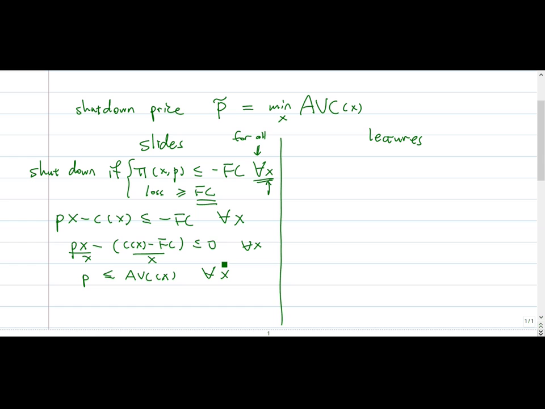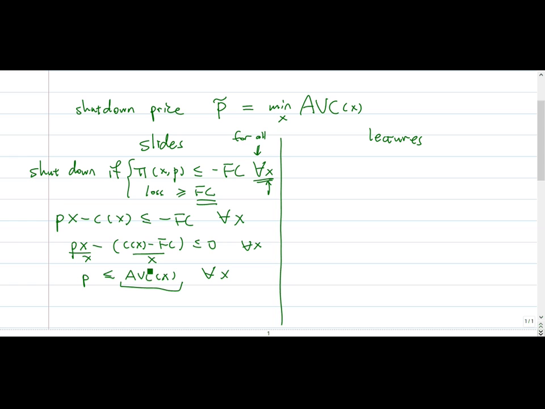At this step, you need to think a bit. If P is smaller than AVC at every x, what this means is P is smaller than a bunch of different things. If P is smaller than the smallest of them, then automatically P should be smaller than every one of them, and vice versa.